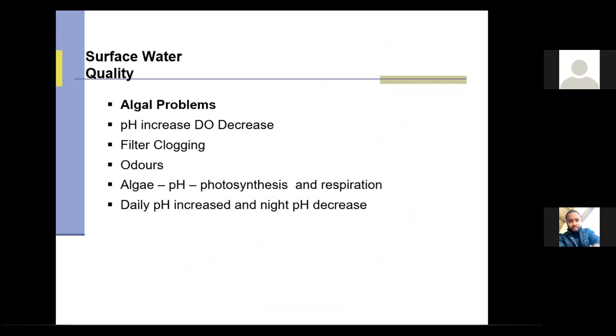Let's talk about some major ones, especially in surface water. Algae is a big one. Again, what happens when water gets contaminated or has lots of nutrients in it, plants will grow. And that could come from fertilizers or anything that got washed into the water or into the watershed.